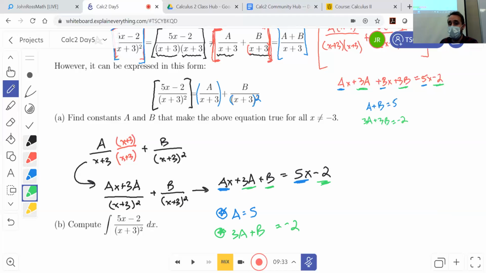Since a is already 5, we get 15 plus b equals negative 2, and so b is going to equal negative 17. And we are once again good to go here.